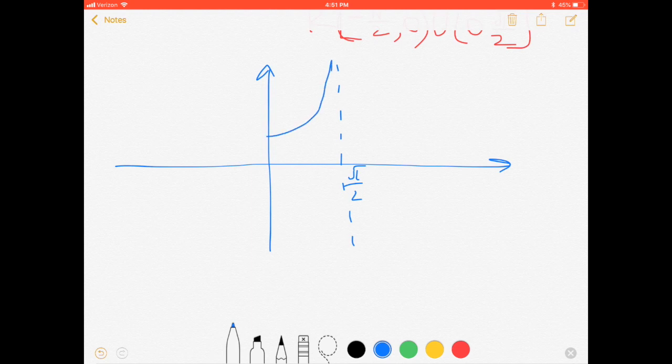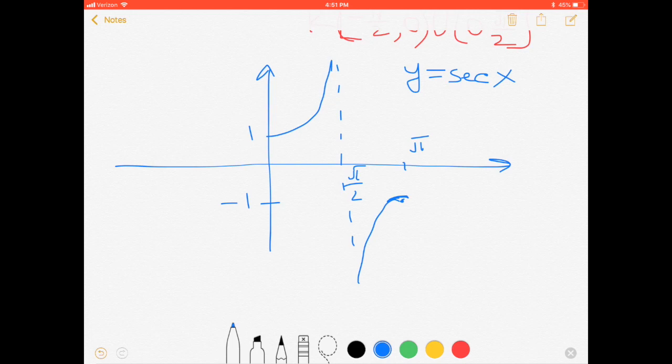Here will be here, and this will be there. Okay, this point will be pi. These values will be negative 1, value 1. This is our y equals secant x, and we build our inverse function.